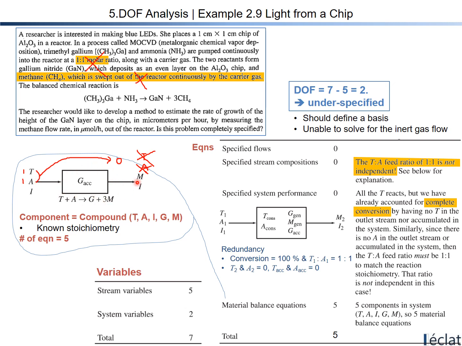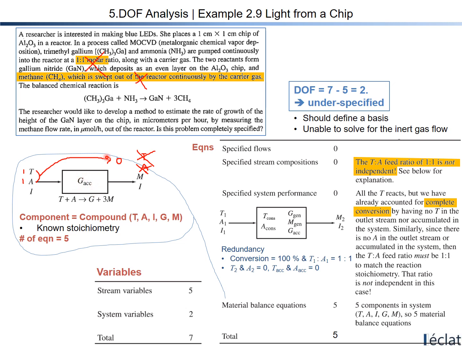Then you could find some M, methane, with the inert gas I. That's it. And do we have the accumulation term? In the textbook method, you don't need to think about generation and consumption terms, so let me focus on the accumulation term.